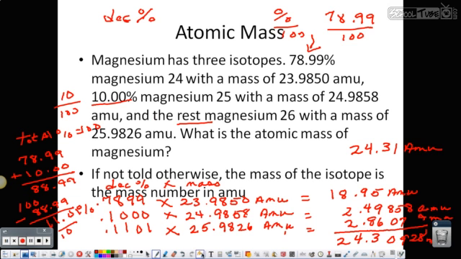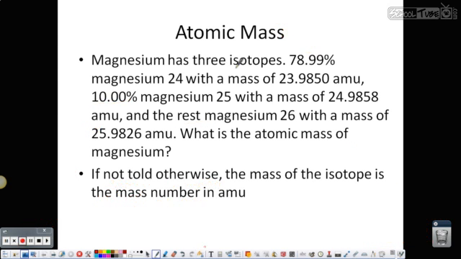Let's clear the board. Start one more time. Alright, you have to take the decimal percent. So when you're working these, we're going to say decimal percent. You get that by taking the percent divided by 100.